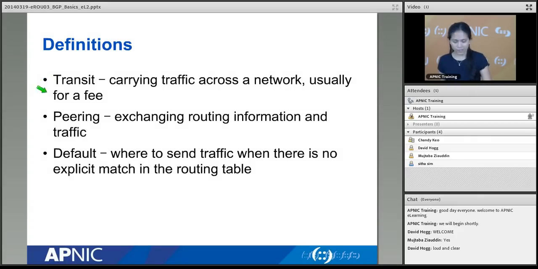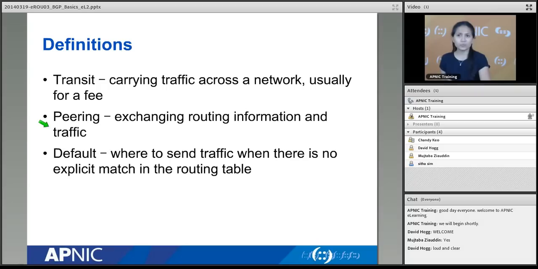Peering is very closely related to transit, okay? It is also used to exchange routing information and thereby used for forwarding traffic, but usually it's without a fee. You have routers that are peering with each other. These are networks that have some form of agreement, what you call settlement-free peering.